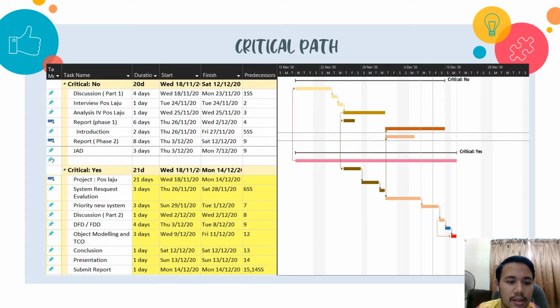First is system request evaluation, which needs 3 days. After that is priority new system, discussion part 2, DFD and FDD, object modeling and TCO, and conclusion. That is the critical path from Group 4.